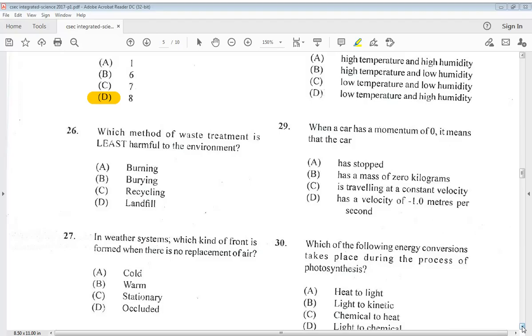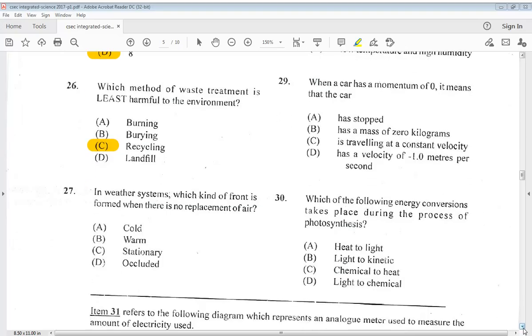So basically what this is saying is that most of these things are harmful to the environment. They are harmful, but they want us to give the one that has the least effect, causing the least harm to the environment. So we could say recycling, C, would be the appropriate answer.